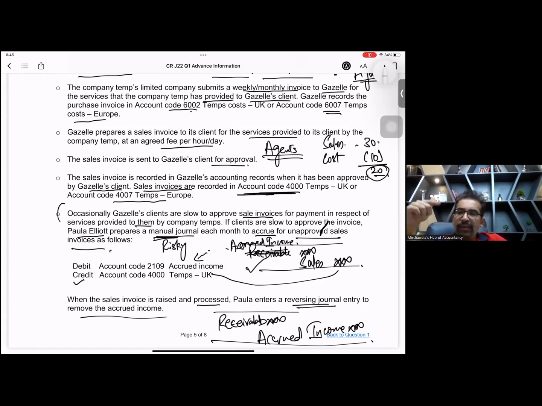One thing I can repeat here related to the first type of temps employed by Gazelle: what if there are two entities, and we are the middleman? On one side we have the temp company, and on the other side we have the client. Now what if we receive a late purchase invoice from this party?